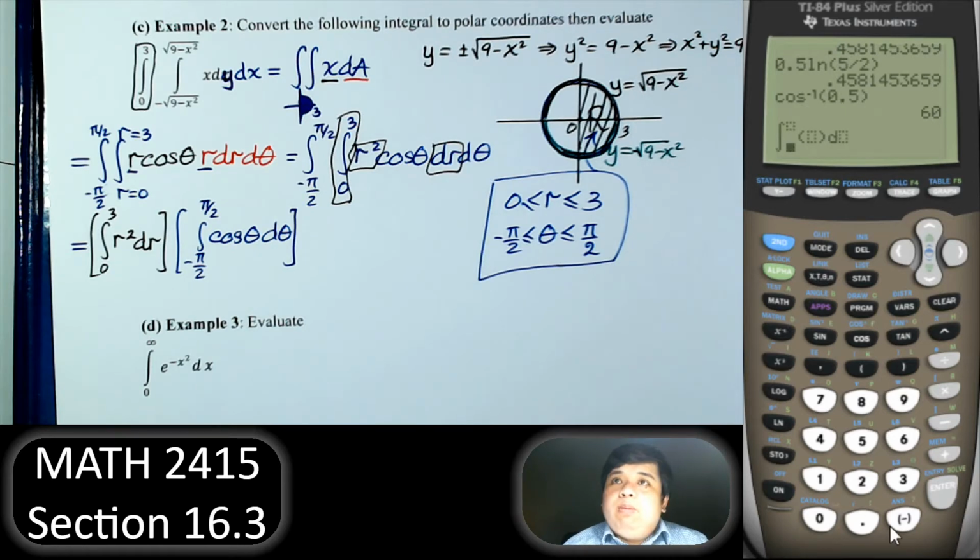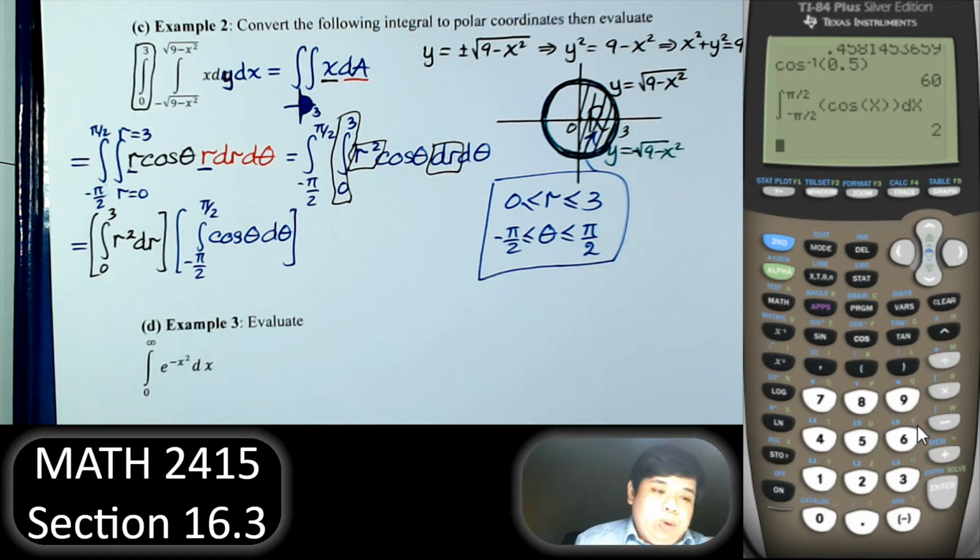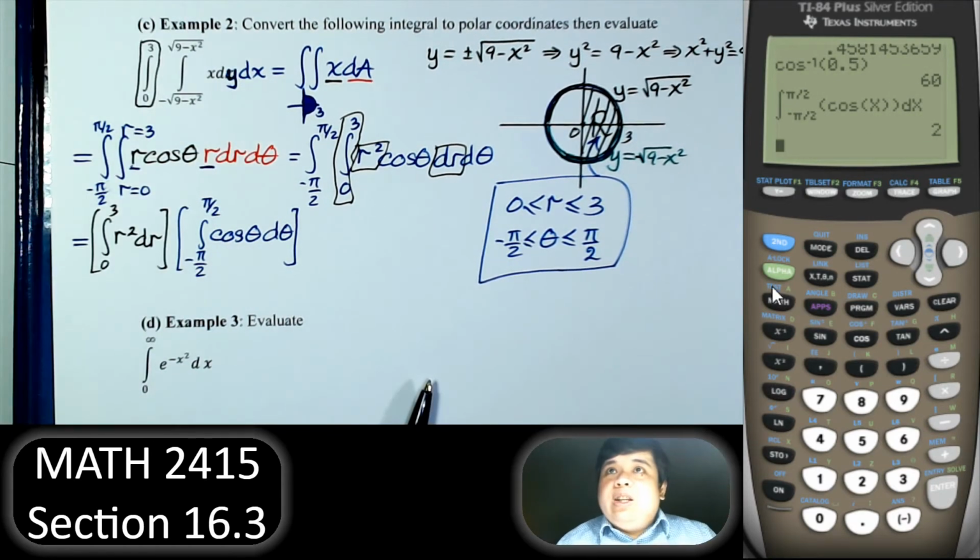We go from negative pi over 2 to pi over 2, and cosine of theta. So that's 2. And what is the other integral?